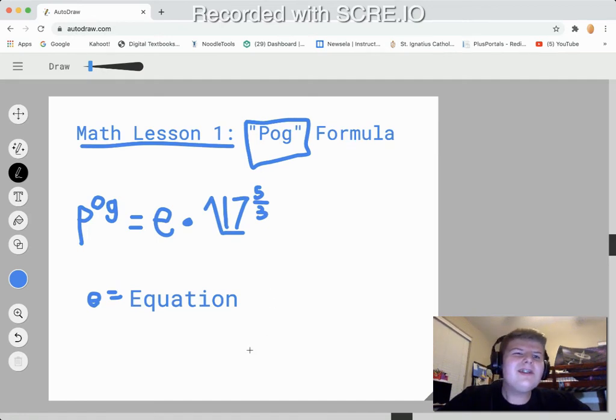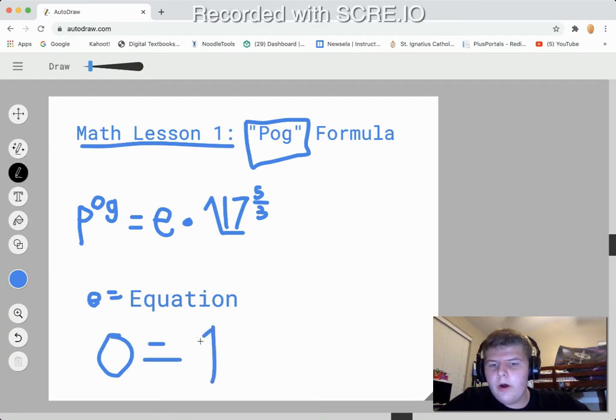Now, let's actually use the POG formula, because I've only showed you the example. Let me actually give you a scenario in which you would have to use the POG formula if you want to determine whether you can or can't solve the equation. Now, let's use the equation 0 equals 1. Okay, so let's plug it in.